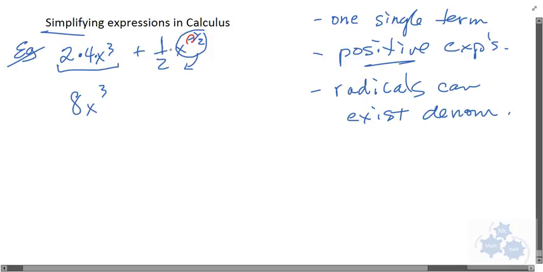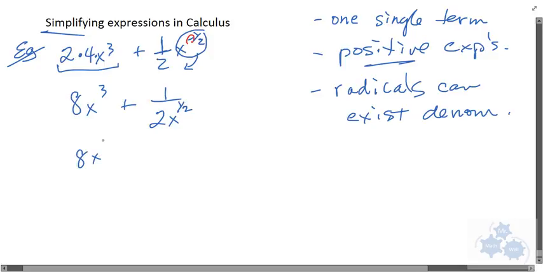So this is 1/2 times x to the negative 1/2. So this whole x variable part would come down to the denominator with the 2. So it would be like this. And then that would make that a positive 1/2. Okay, so this right here, probably preferable to change this to a radical.